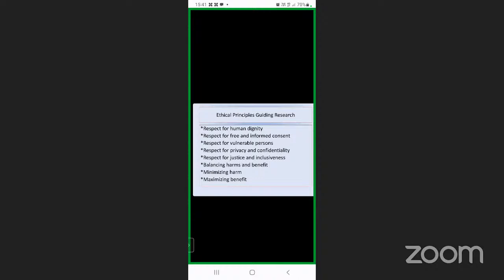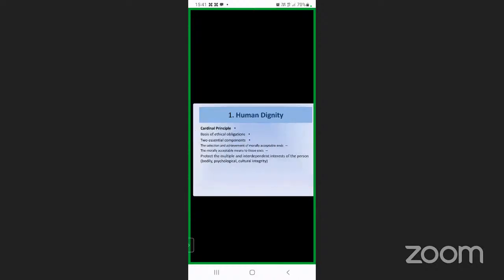Next, if we see human dignity, what is dignity, and why do humans need dignity? As we discussed in the index, there are many types of human principles.